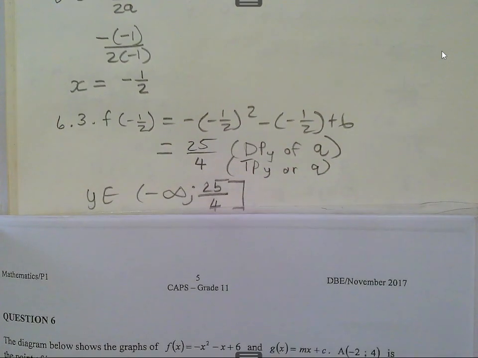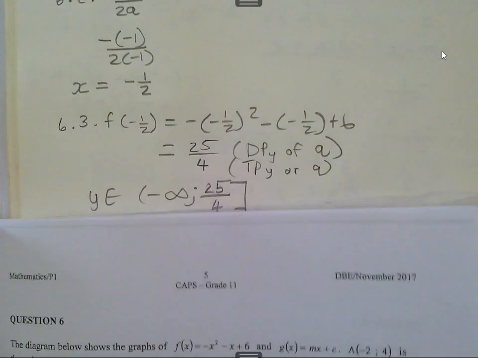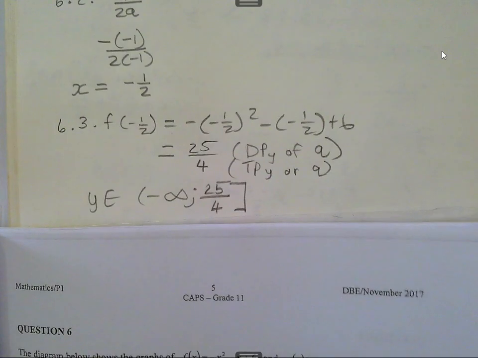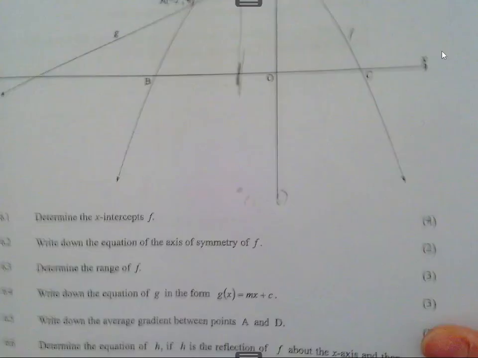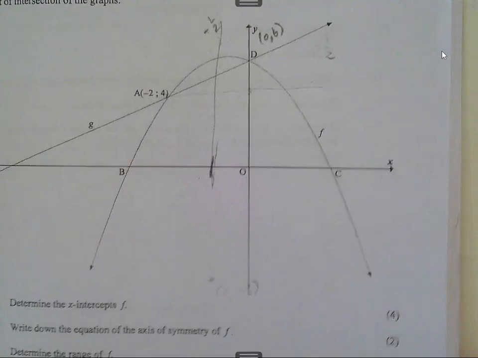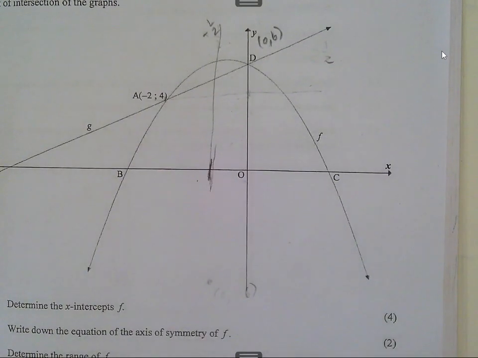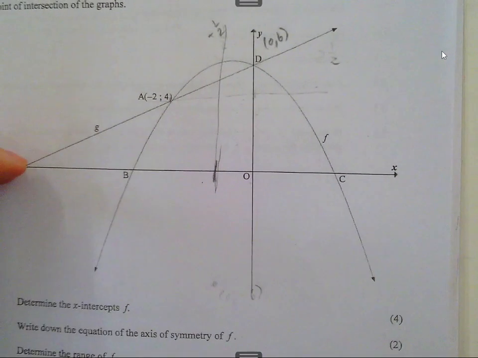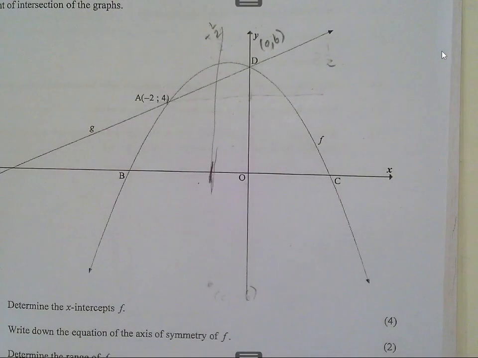Alright, then I just quickly want to talk about the graph before we answer the next question. A question that they can also ask you is whether a graph is increasing or decreasing. It hasn't come up yet, but I just want to talk to you about it. You have to imagine you are a little man or woman standing at the beginning of the graph, and we always start at the left and go to the right.